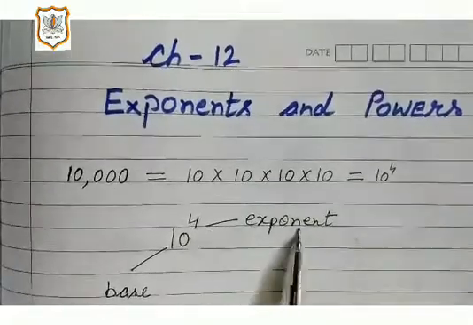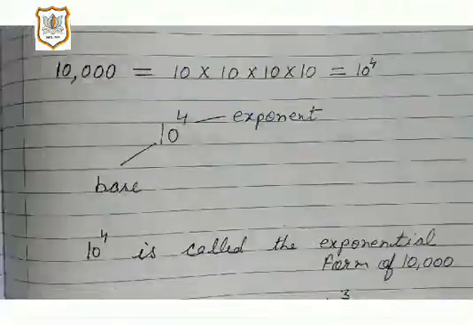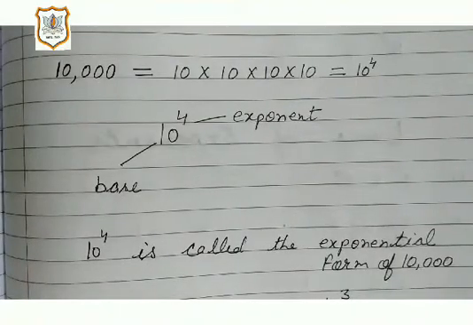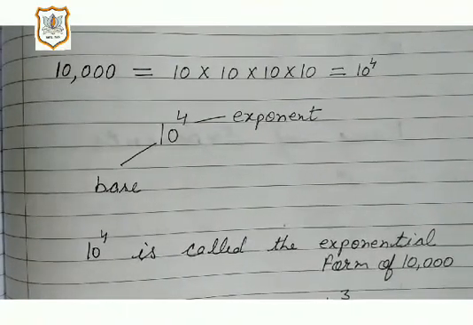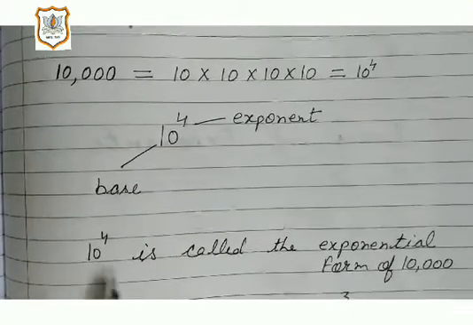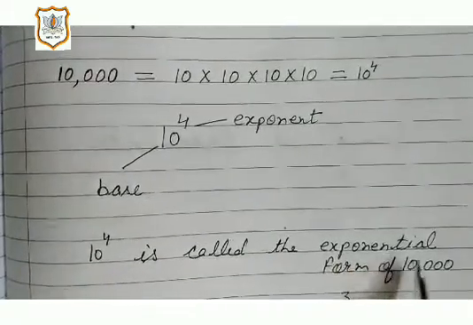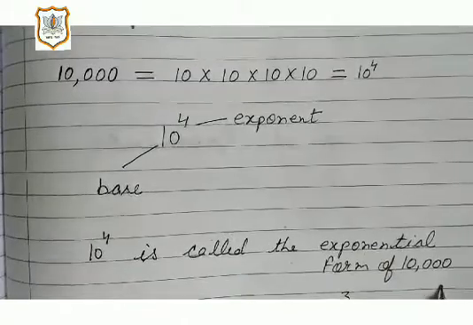Here 4 is the exponent and 10 is the base. And we read it as 10 raised to the power of 4, or simply as the fourth power of 10. So students, 10 raised to the power 4 is called the exponential form of 10,000.